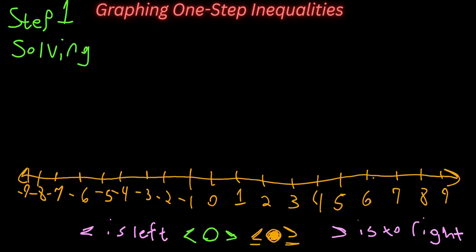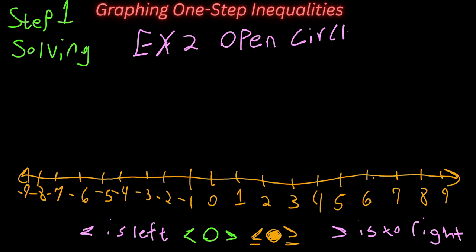Okay, let's do another example. Example 2. This example, and let's actually change colors. Example 2. This time we're going to have an open circle.